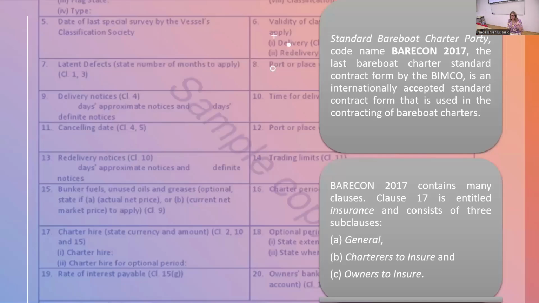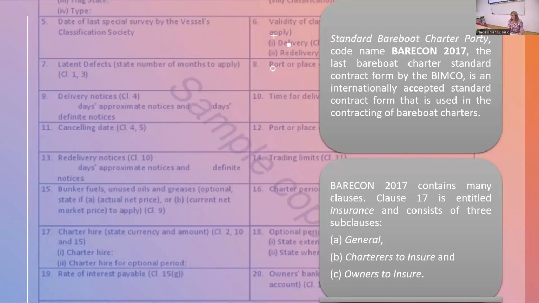So we can find a provision under the title insurance in this standard bareboat charter party with the code name BARECON 2017. This is the latest bareboat charter standard contract form by BIMCO, and it is an internationally accepted standard contract form that is used in the contracting of bareboat charter.